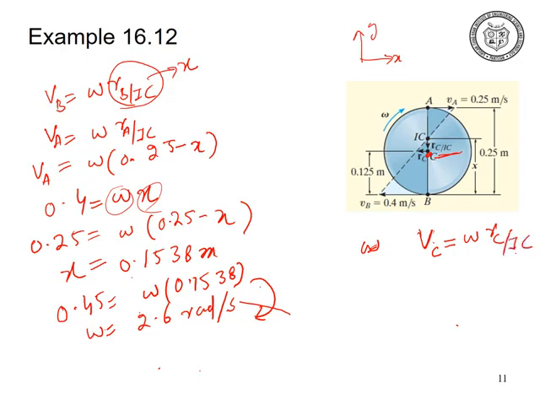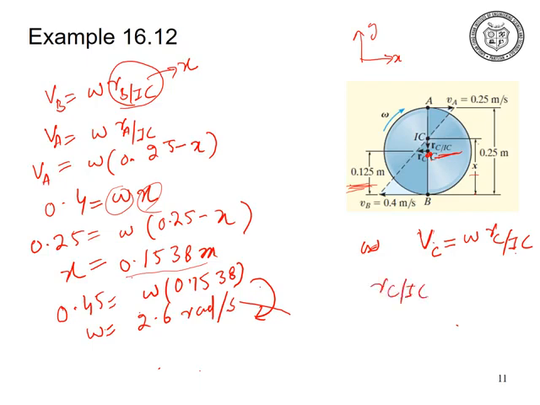What is the value of RC with respect to IC? We are given that x is equal to 0.1538, which we found earlier. From the point C the radius is 0.125. So x minus 0.125, which is the radius, equals RC with respect to IC.